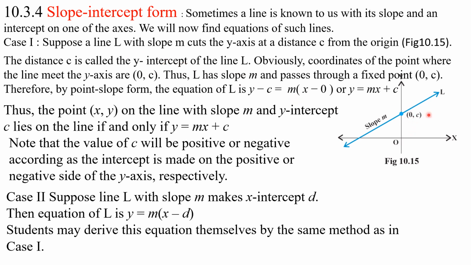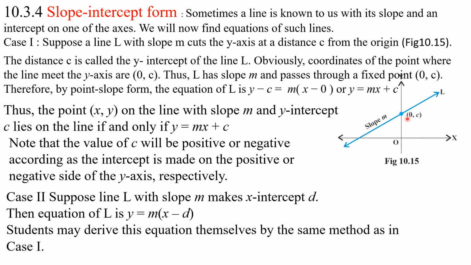Understood this terminology. Y-intercept means the distance of the point from the origin on the y-axis. Obviously, the coordinates of the point where the line meets the y-axis are (0, c). This was not given directly. Simply they give the y-intercept. Y-intercept means the line is intersecting the y-axis at a distance of c units from the origin.